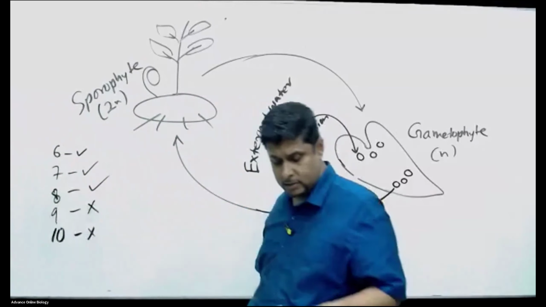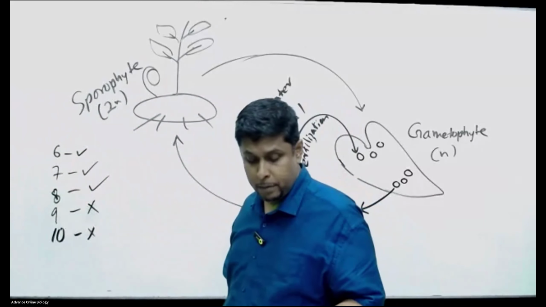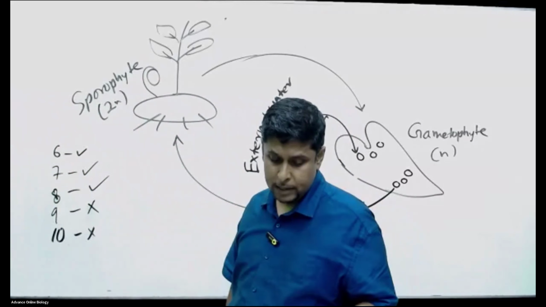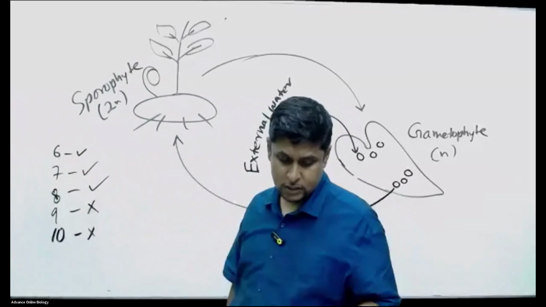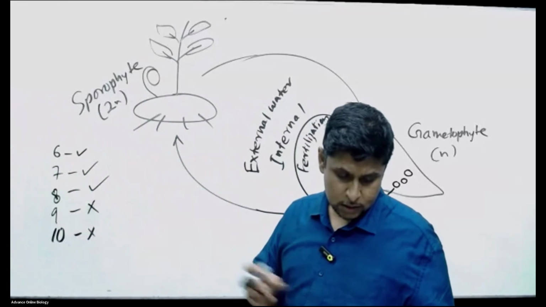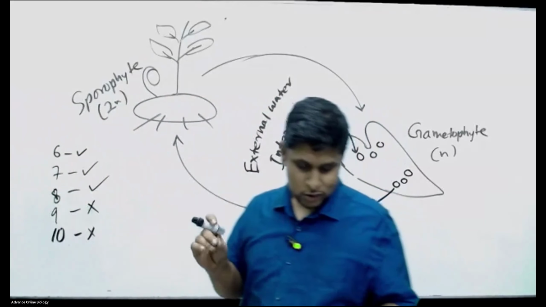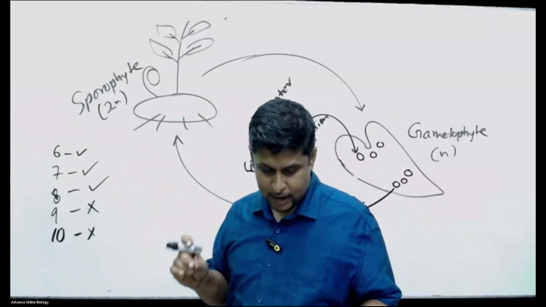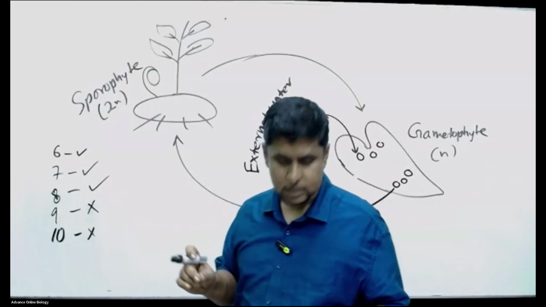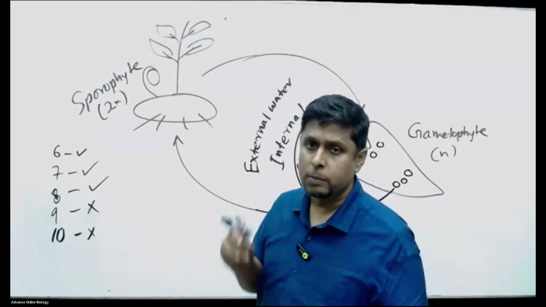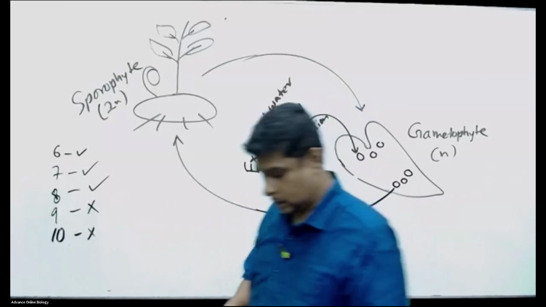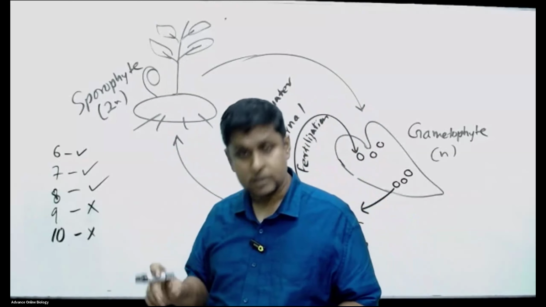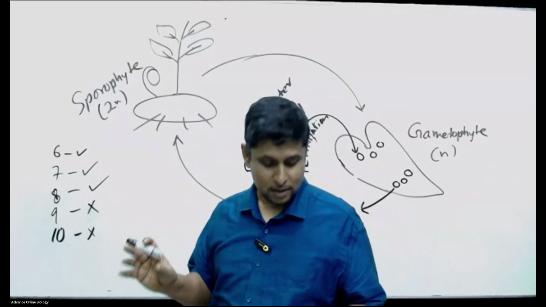Question number 11, statement 11. In Nephrolepis, sporophyte stomata are developed in aerial parts for gaseous exchange. In Nephrolepis, we learn stomata are present in the capsule. Sorry, I made a mistake.